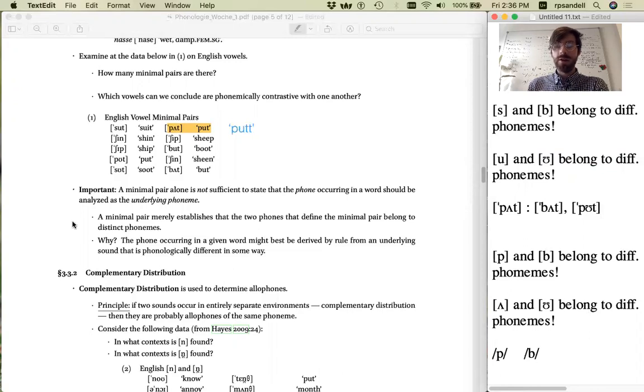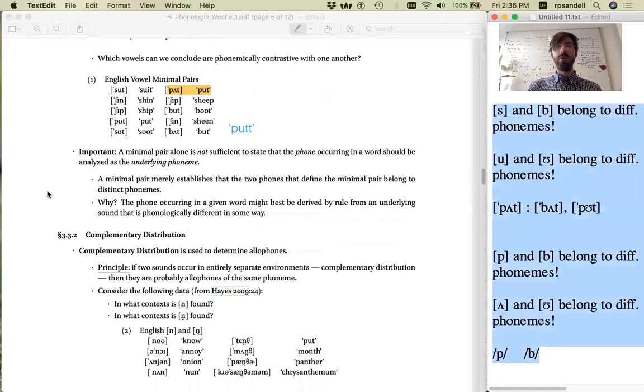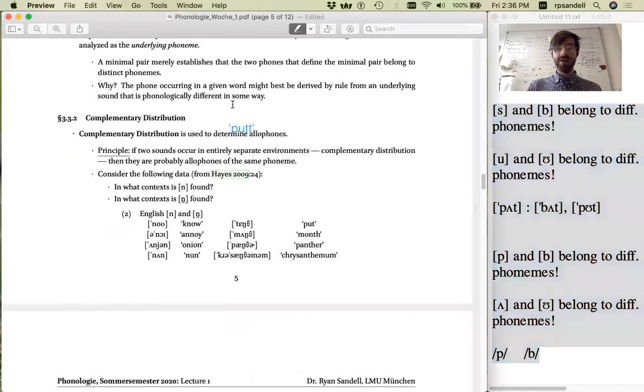And why is that? Well, it's because the phone which occurs in a given word might best be derived by rule from an underlying sound which is different in some way. So in order to actually determine what the best underlying representation for a phoneme is, we have to employ a different method, namely the method of complementary distribution.